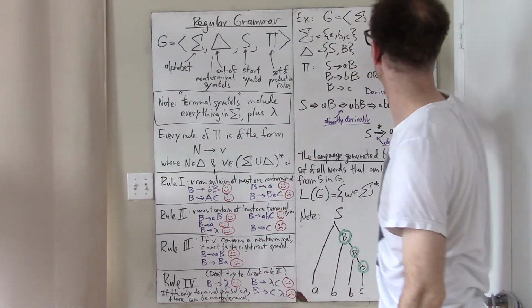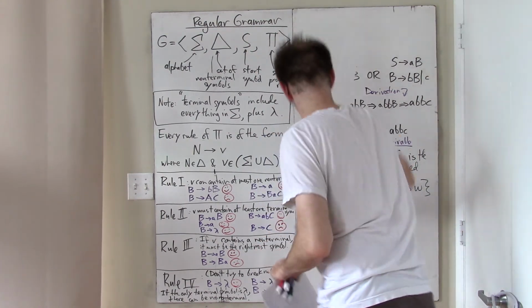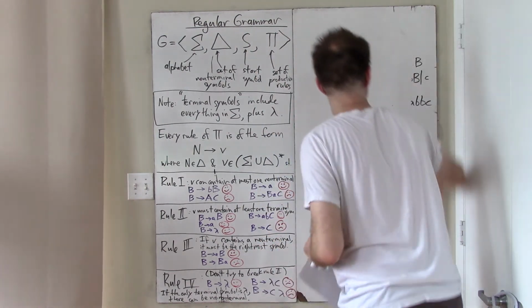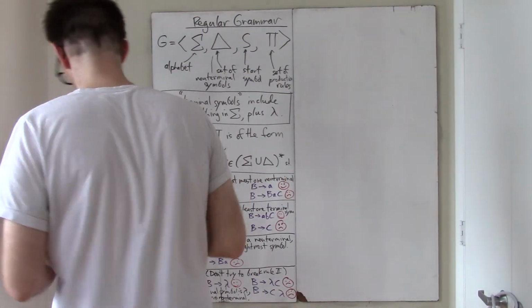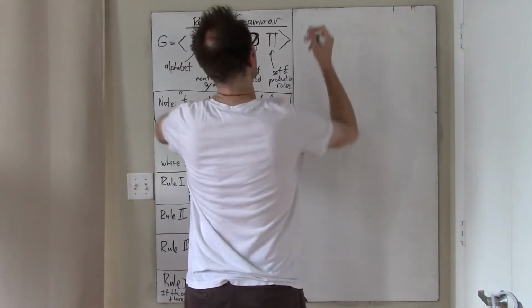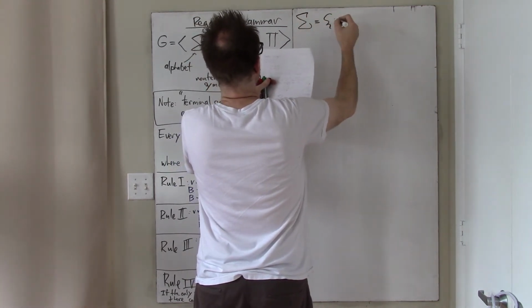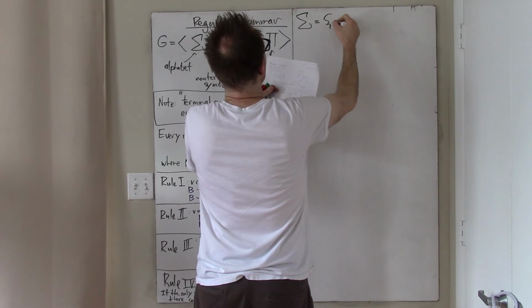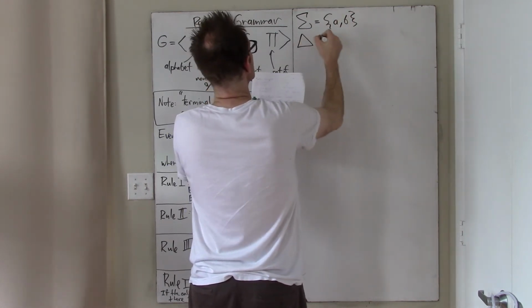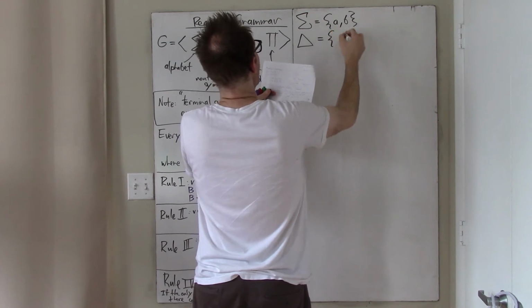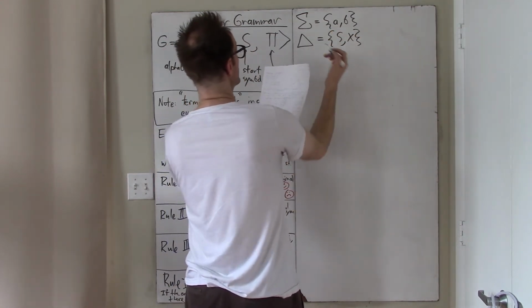Okay, let's look at another example. For this purpose, the smart thing to do is to erase this, but not all of that. So here's just another simple example. Now I give you a sigma which has just a and b, and delta is S and X, and here are the rules.